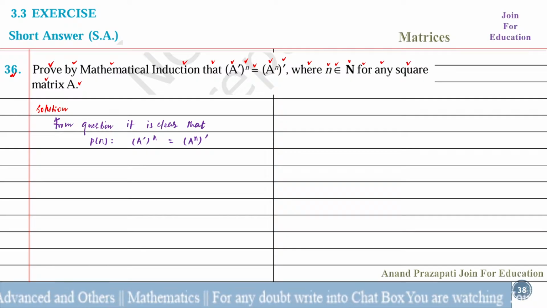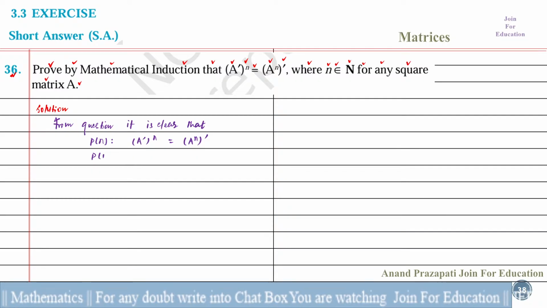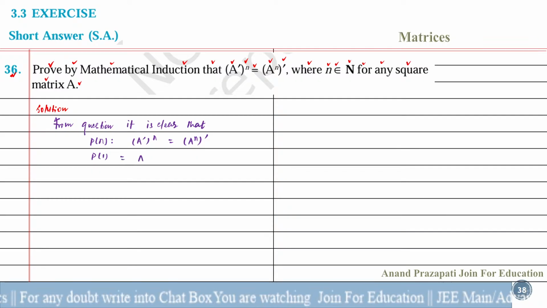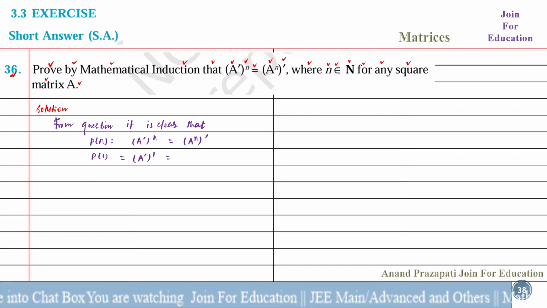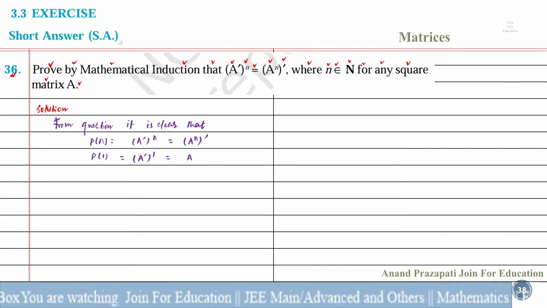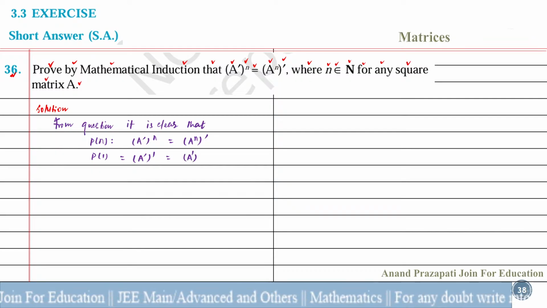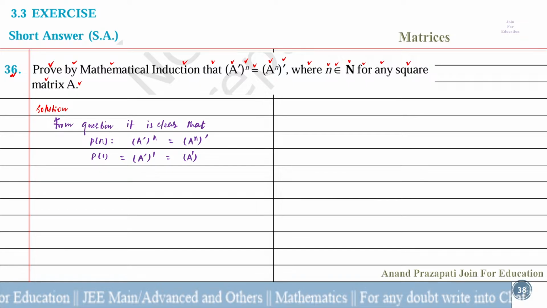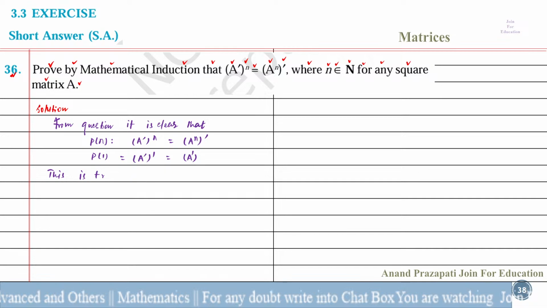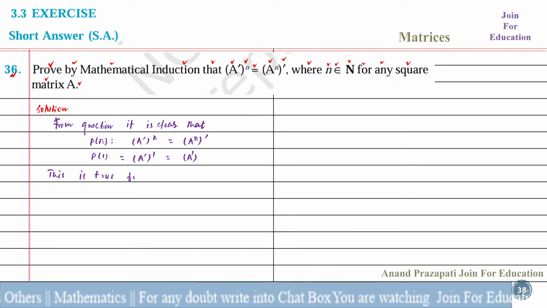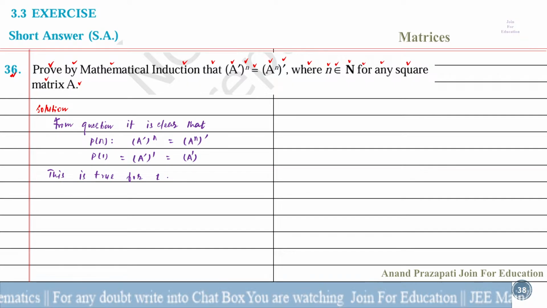There is no problem to understand up to this step, therefore we try this for 1. Then (A transpose) to the power 1 and (A to the power 1) transpose are both the same. So this is true for 1.